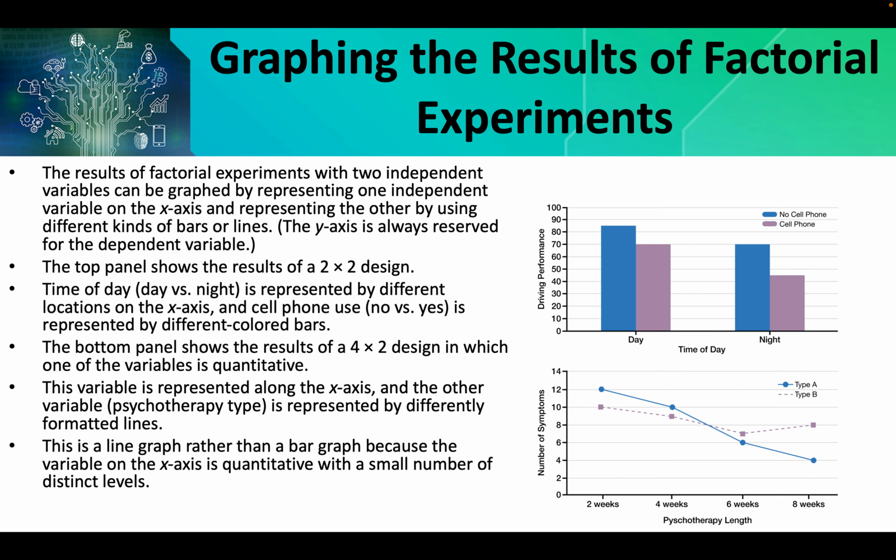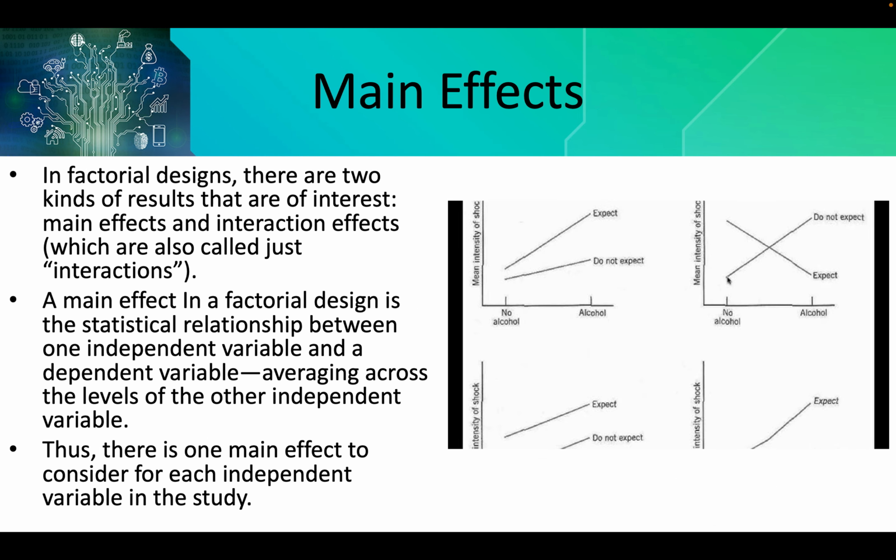This variable is represented along the x-axis, and the other variable, psychotherapy type, is represented by differently formatted lines. This is a line graph rather than a bar graph because the variable on the x-axis is quantitative with a small number of distinct levels.